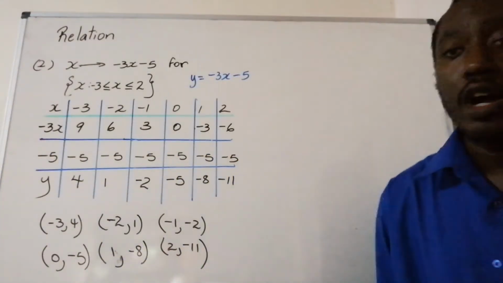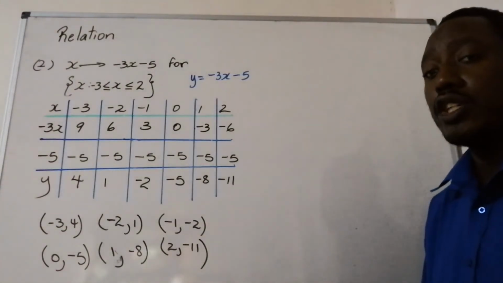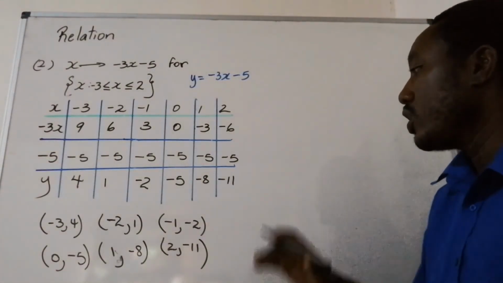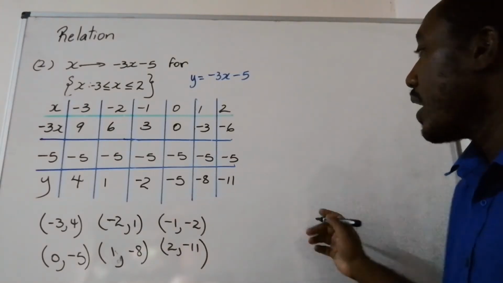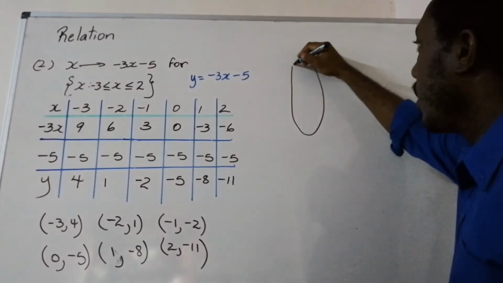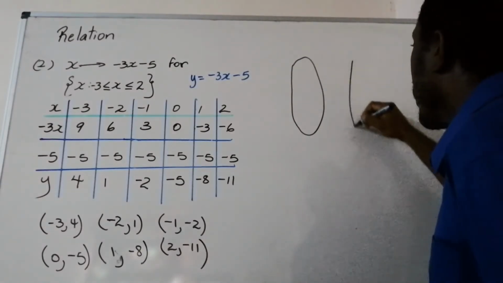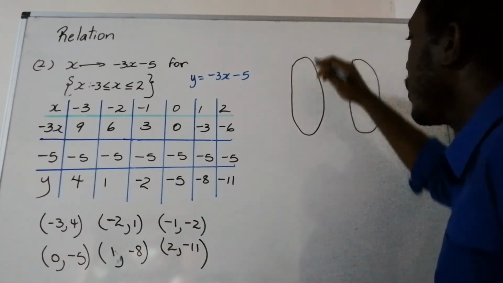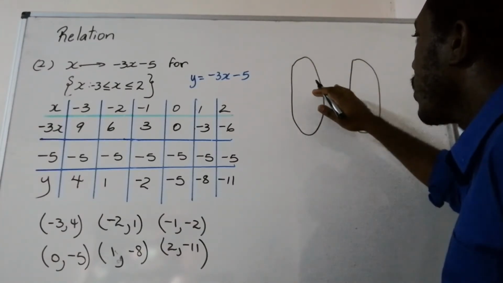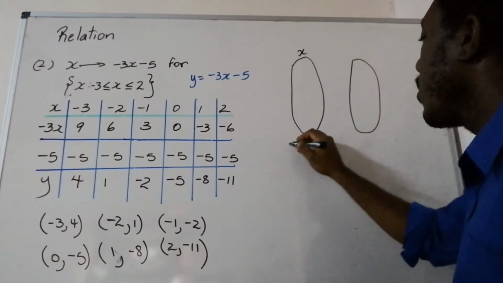Now let's draw our mapping diagram. Remember, the mapping diagram shows the relationship between the x values and the y values. So in our first set, we have our x values, and that is called the domain.